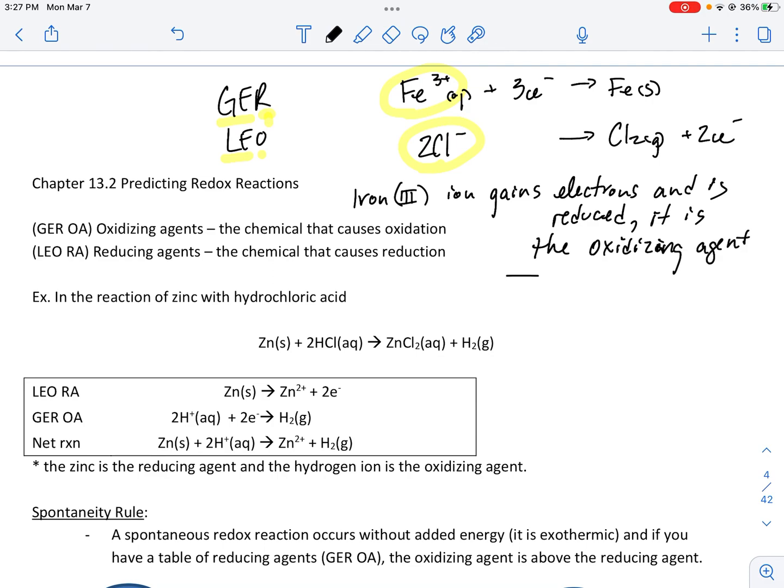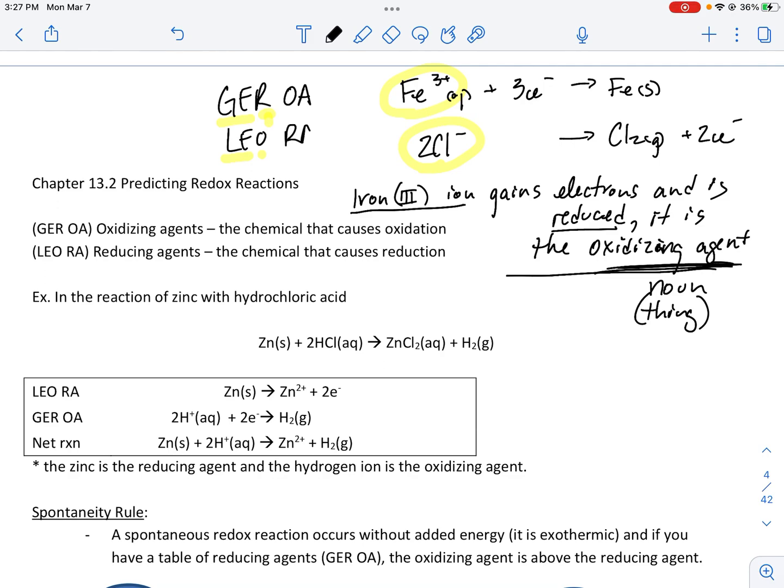What that means is that iron 3 is being reduced, but it will cause oxidation, so it's going to be the oxidizing agent. The oxidizing agent is a noun. It is a thing. Reduction is a process. So the iron 3 is gaining electrons, it is reduced, but the iron 3 is the oxidizing agent because it will be able to cause something else to be oxidized.